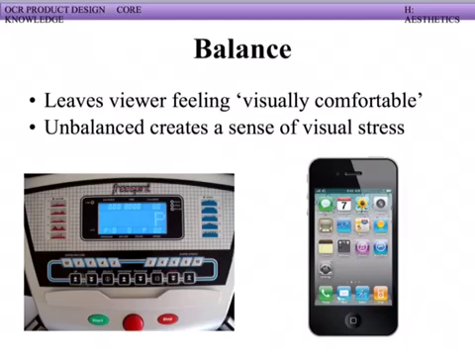Unbalanced displays can leave a viewer feeling visually uncomfortable and can create a sense of visual stress. The display here on the left is very confusing. It would be very difficult to actually operate, whereas the display on the right on the iPhone is nice and ordered and avoids such clutter.